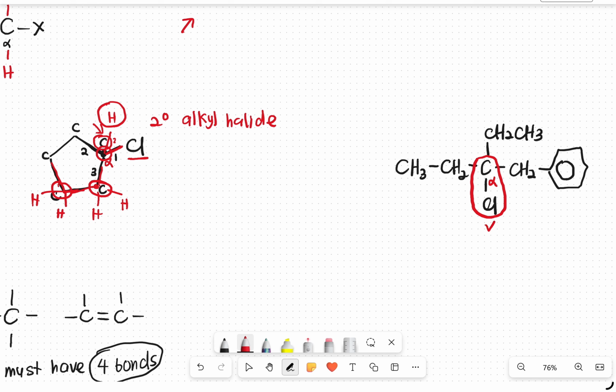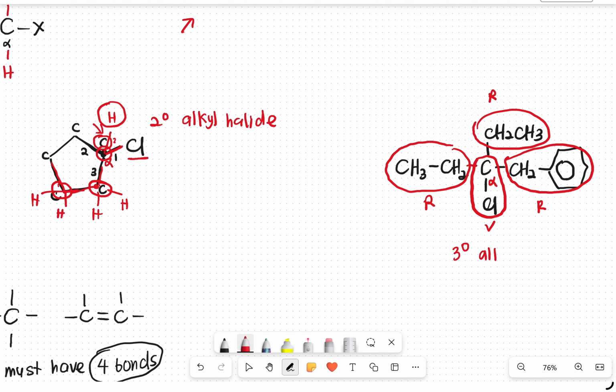The first, second, this is R, not H. The third is also R, and the fourth bond attached to the alpha carbon is also R. So no hydrogen is attached on the alpha carbon. So this is tertiary alkyl halide. That is how you identify the class of alkyl halide.